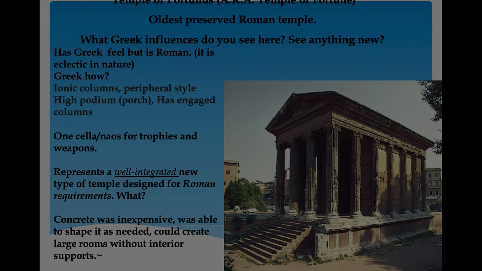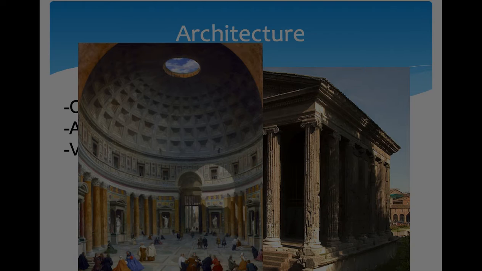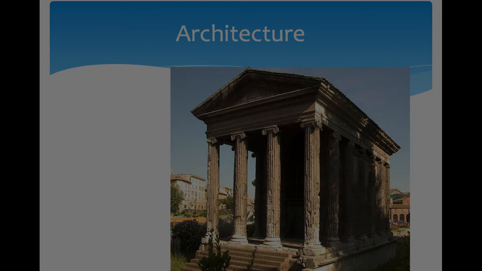Okay, so the first temple we're going to look at is the Temple of Fortune. It's the oldest preserved Roman temple. So, who could tell me what Greek influences you see, besides reading that? Let me go back here. What Greek influences do you see? Yeah, Sierra? Here, maybe in this photo you could see a little bit better. Yeah, good job identifying that.